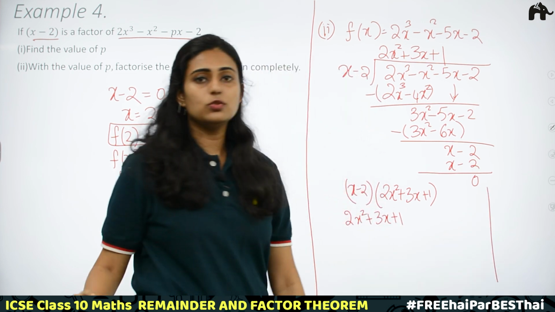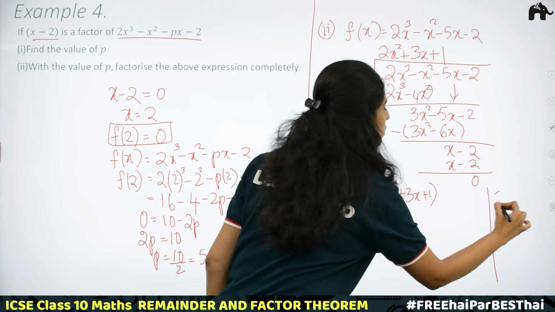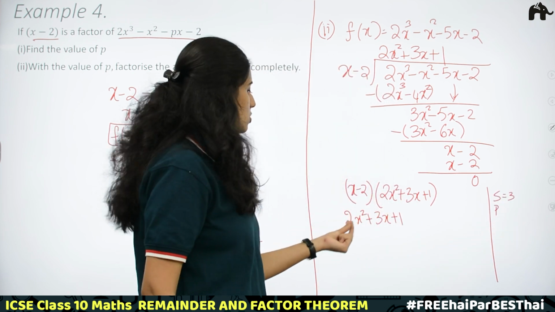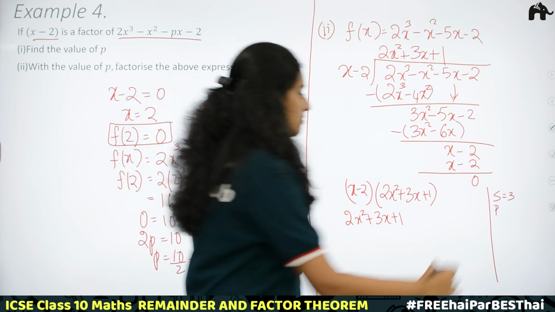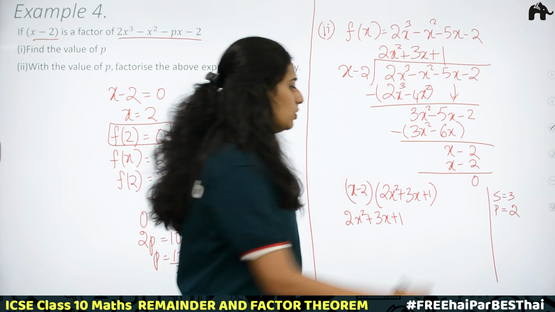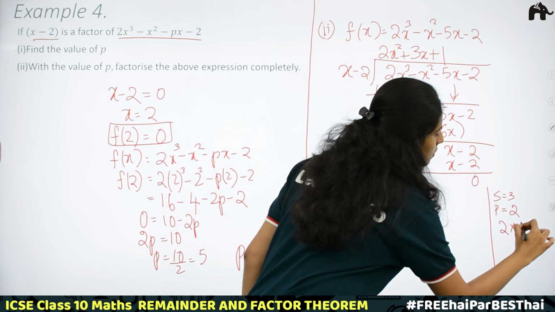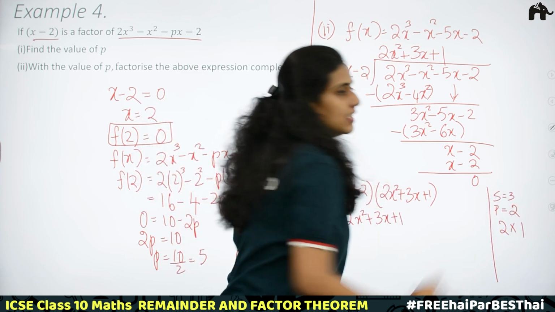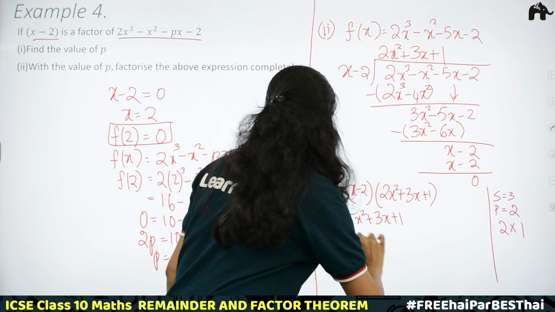So, we have to find two numbers such that the sum is equal to 3 and product is equal to a into c. A is 2 and c is 1. That is equal to 2. Okay. To get 2 into 1 is 2. Okay. 2 plus 1 is 3. That is 2x square.